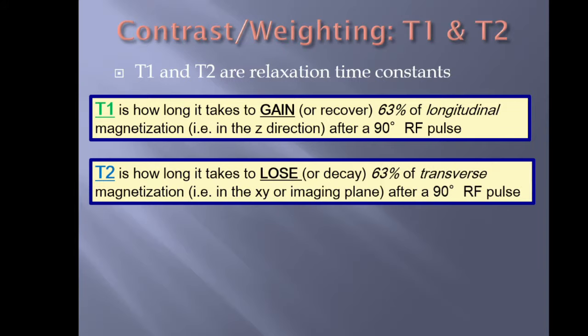Okay, T2 is also a time constant, also measured in seconds or milliseconds, and it's a time constant that describes or fits a curve, and is how long it takes to lose 63% of your transverse magnetization due to dephasing from T2 effect after an RF pulse happens. Any questions?